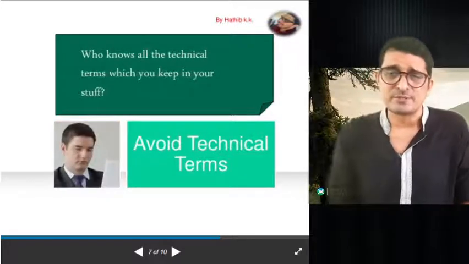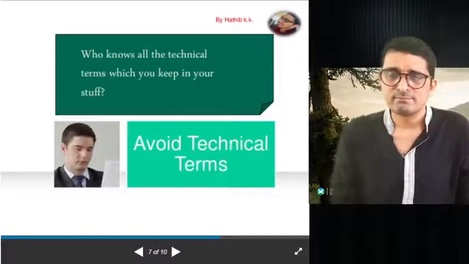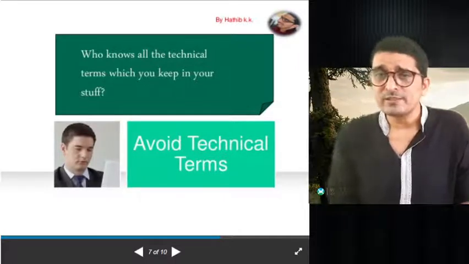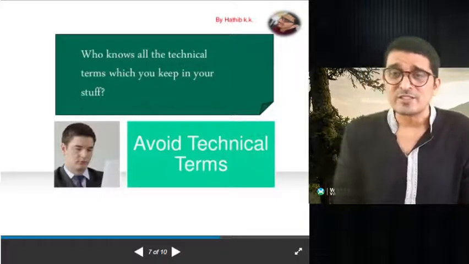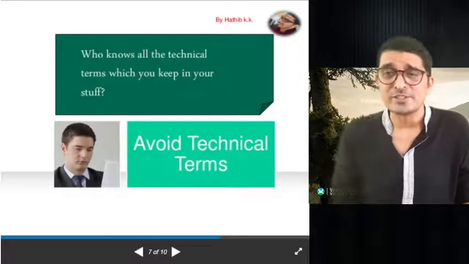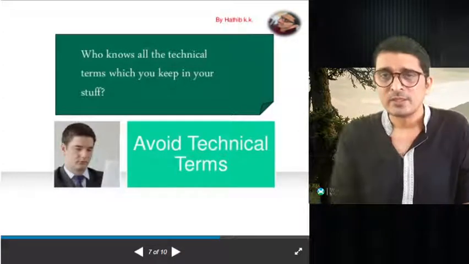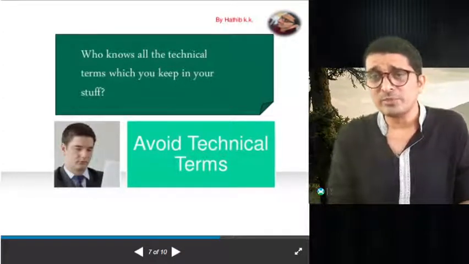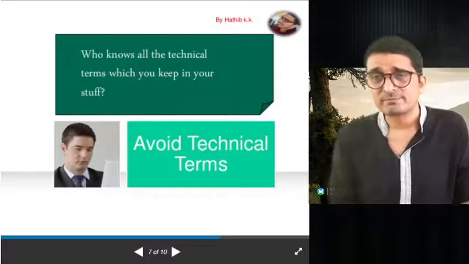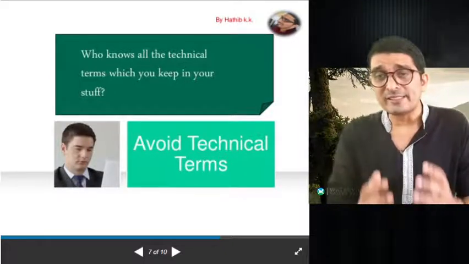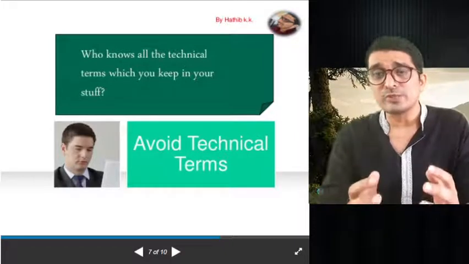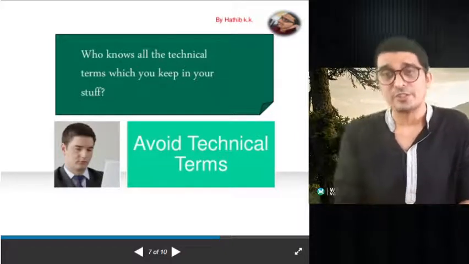Avoid technical terms. You may be keeping some technical terms, some computer terms, some system terms, some program terms, some business terms. But your respondents may not be able to follow such terms. Your duty is to create a comfortable atmosphere for your respondent to fill your questionnaire.